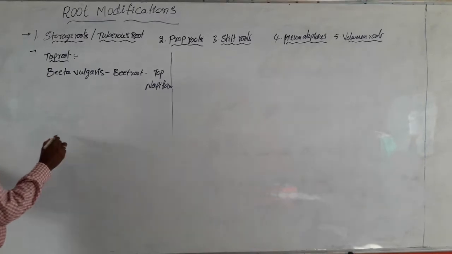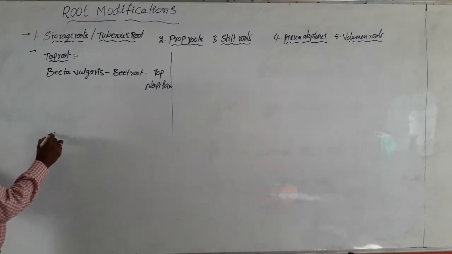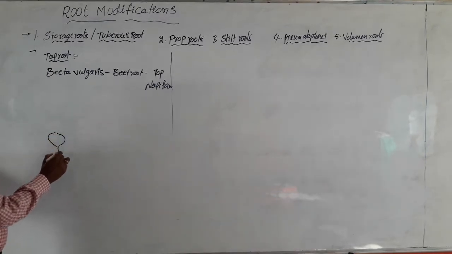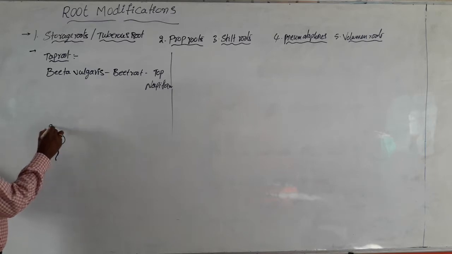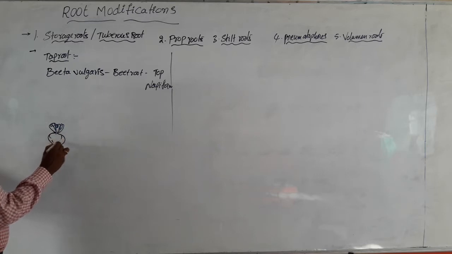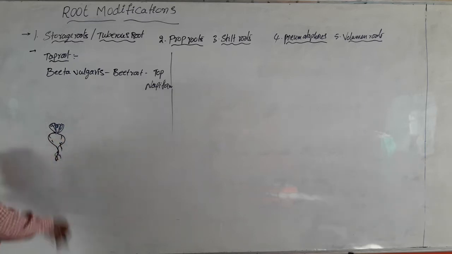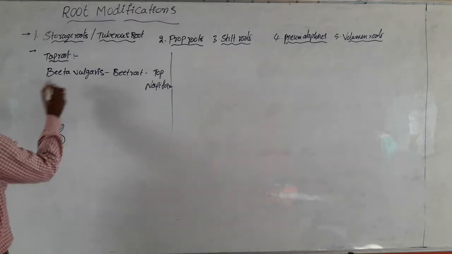This is the taproot, top shaped or napiform shape. This is beetroot, top shaped or napiform in case of Beta vulgaris.